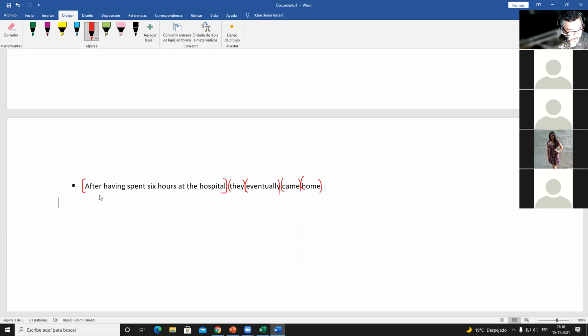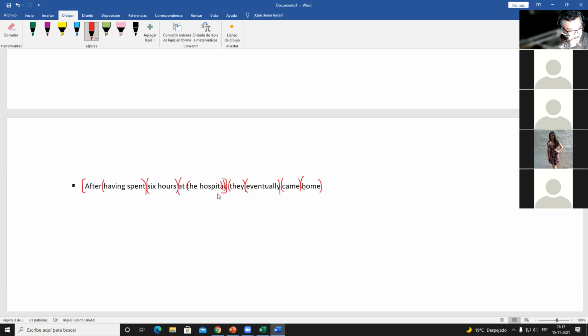How do I know that? Well, because after is a subordinate conjunction. Okay, what type of clause is this? Well, we have to take a look at the verb phrase, having spent what? 6 hours where? At the hospital.